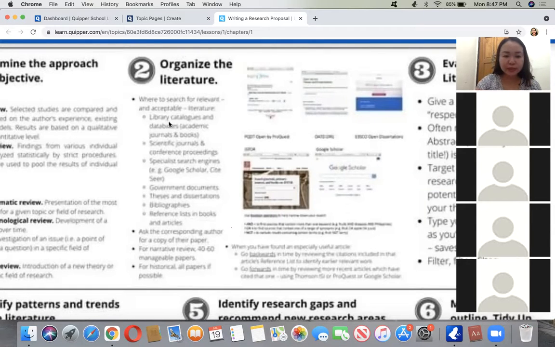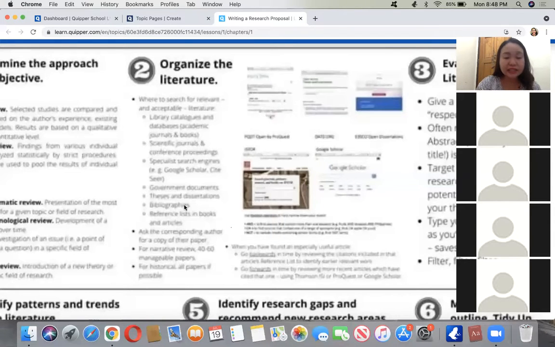Usually, mga library catalogs and databases, academic journals and books, scientific journals, and conference proceedings maybe, and specialist search engines can be like Google Scholar and SiteSeeker, and government documents like the Bureau of Agricultural Research, the BAR, and the Philippine Statistics Authority or PSA.